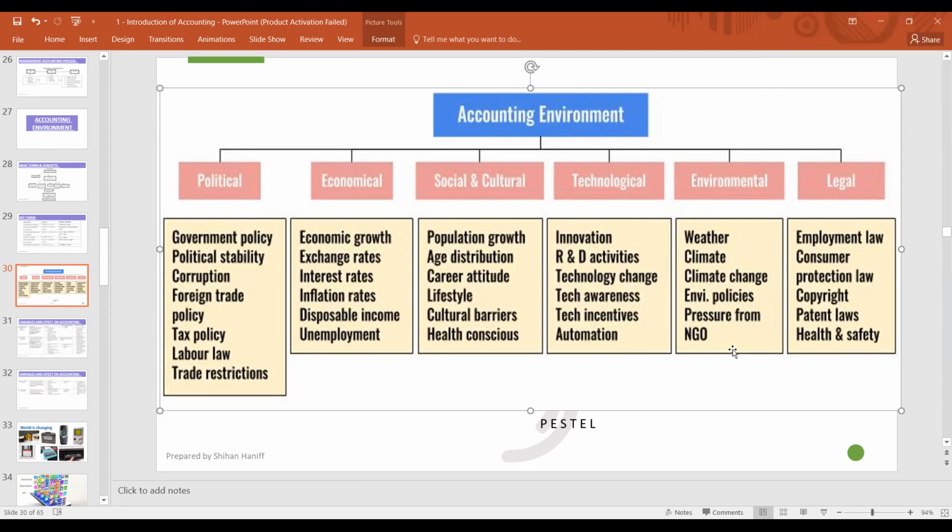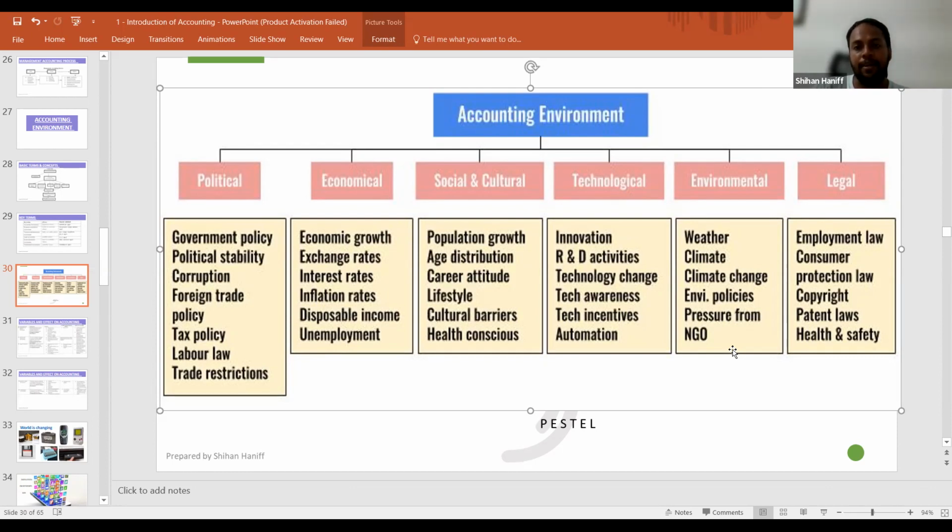They can't import raw materials, they can't pay dollars, and the LCs are still not given from the bank. So economical factors: exchange rate, interest rate.